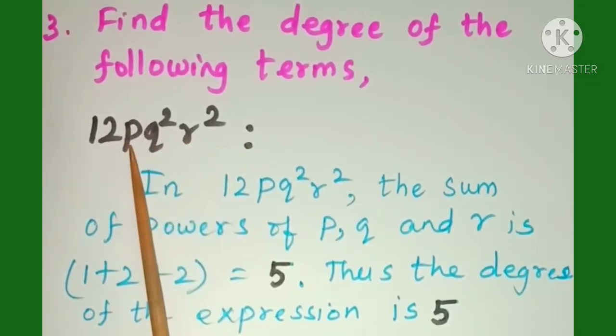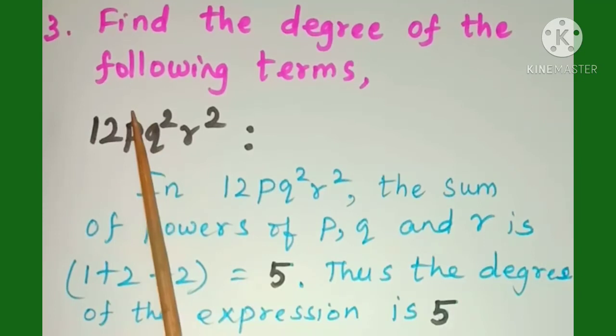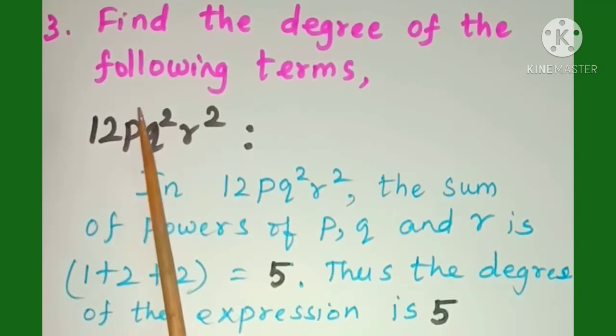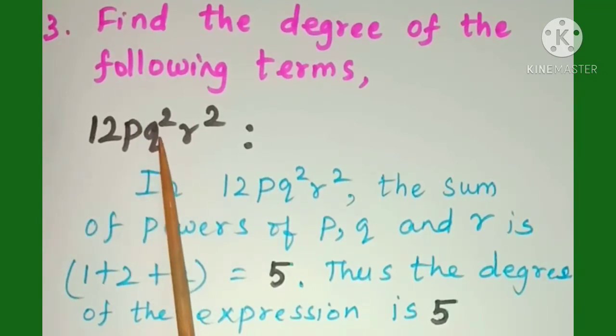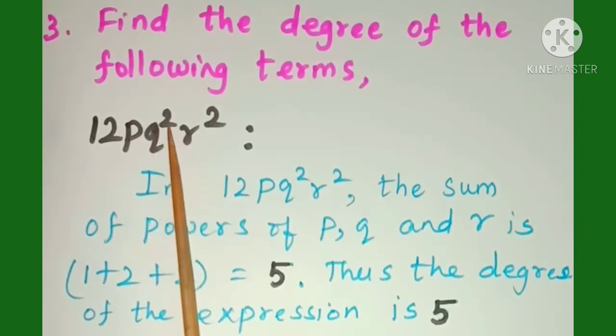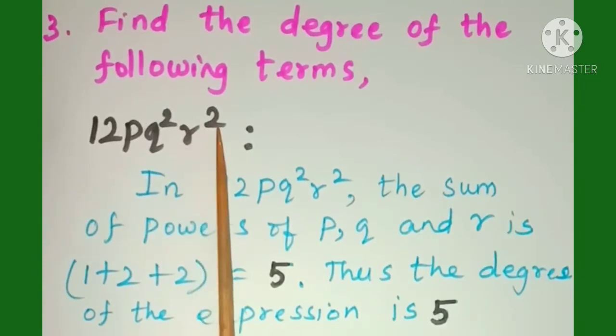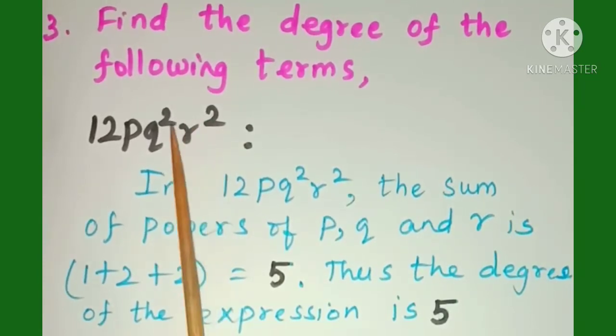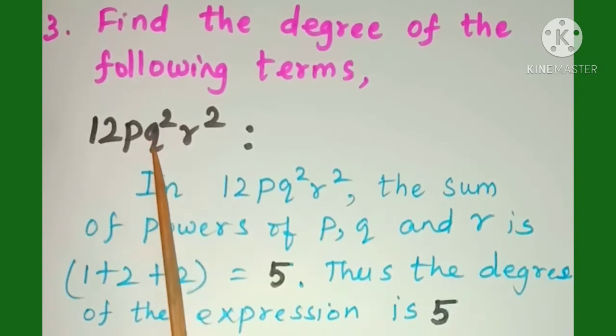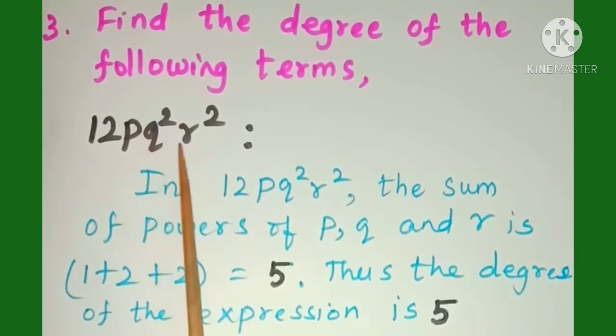So here, what is the power of p? That is 1. If there is no number, it is considered as 1. So 1 as power. And q, what is the power of q? That is 2. And what is the power of r square? That is 2. So students, here you have to take the sum of powers of p, q and r.